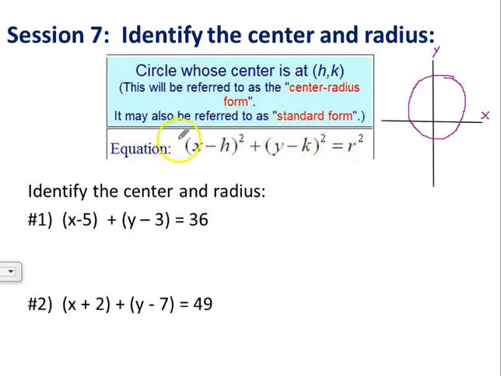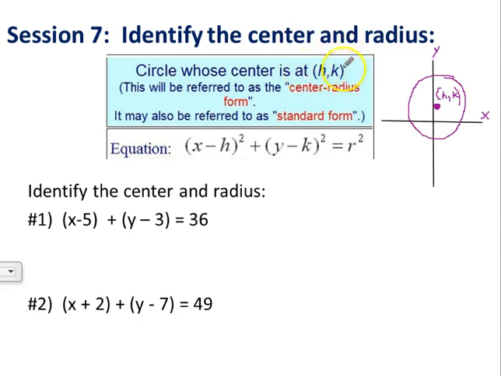So this is our general equation, or we refer to it as the standard form, for a circle whose center, so if we were to find the center of this circle, it looks like it's somewhere right here, the center of the circle is going to have the coordinates (h, k). And that's important, that you know that the center of the circle is always represented by (h, k).